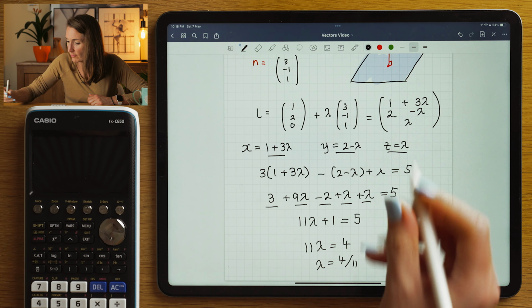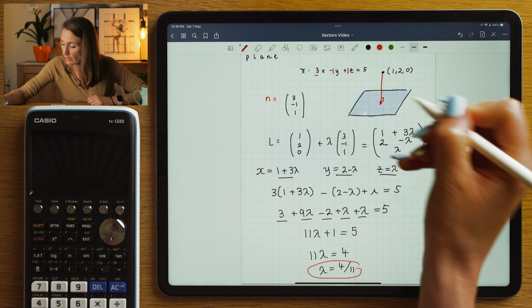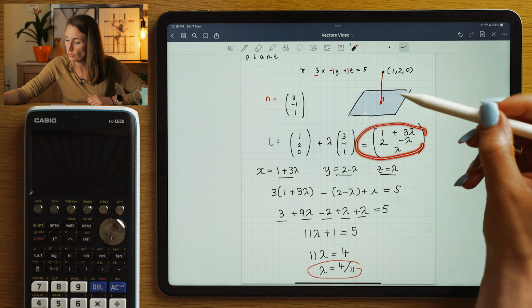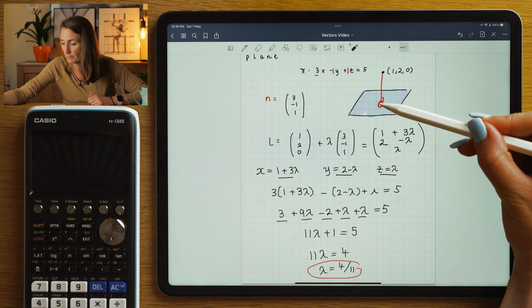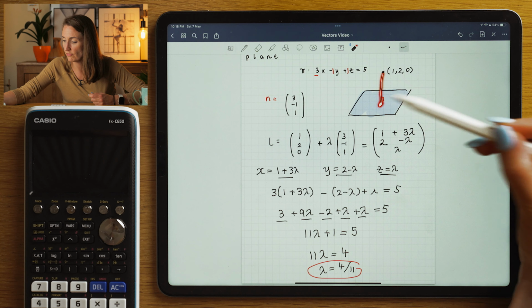So if I solve for lambda, I've got 11 lambda is equal to 4, and lambda should equal 4 over 11. Now, at that point, you could actually substitute in your value for lambda here, and you would actually have the point of intersection. You could then use the distance between 2 points formula, and that would work out perfectly fine.